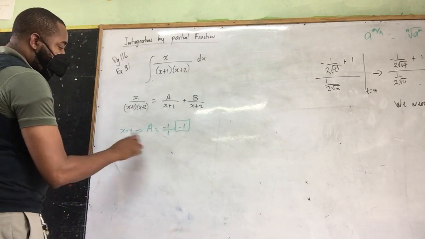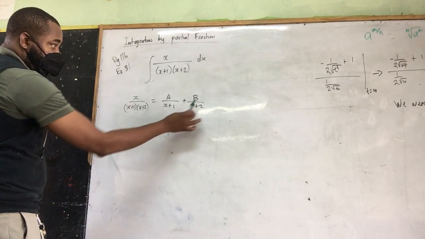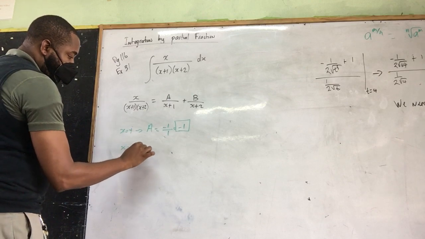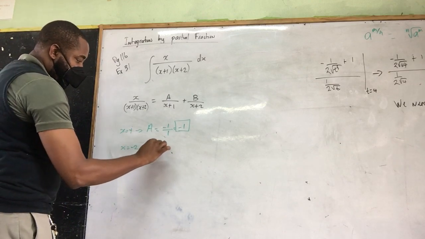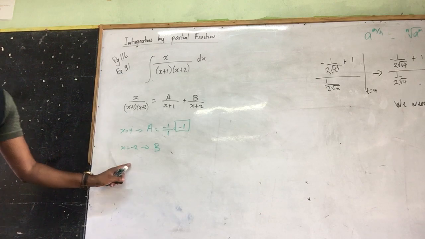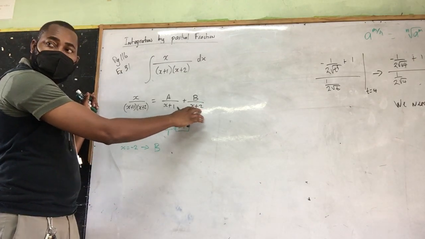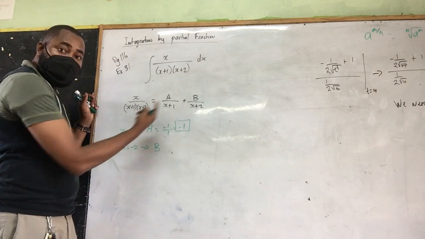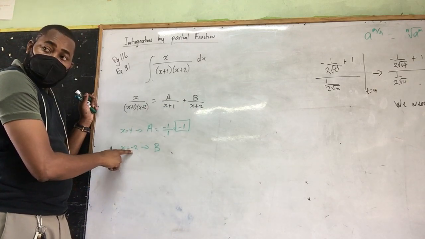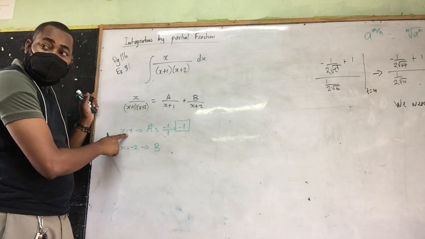And then for B, what are we going to plug in? X equals -2. Same thing: I zero out the denominator. What number makes this denominator 0? It is -2. The other denominator was -1.